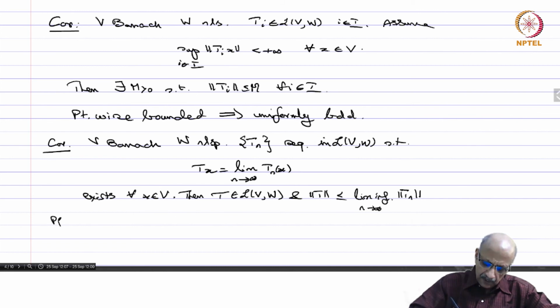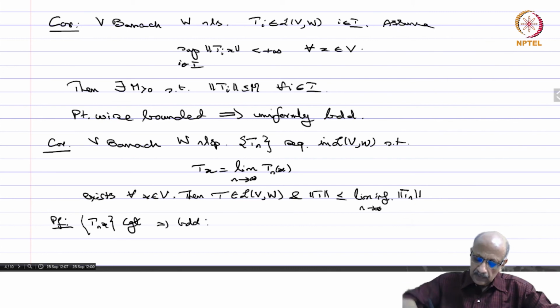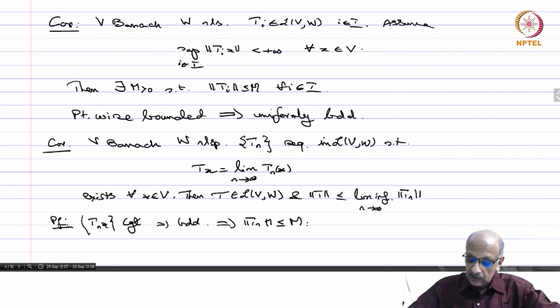So proof. T_n x convergent implies bounded. Therefore, norm T_n has to be less than or equal to some M, as we know from the previous corollary. T is clearly linear.